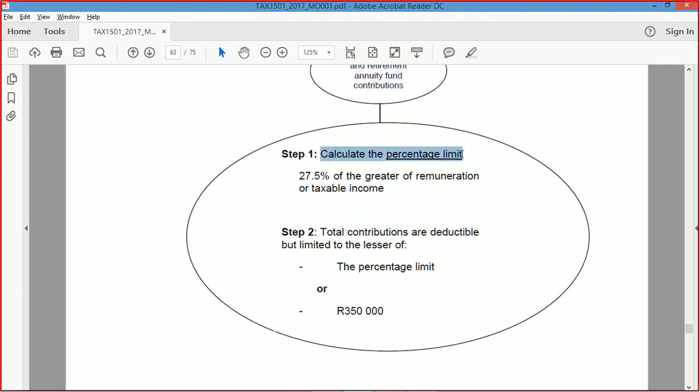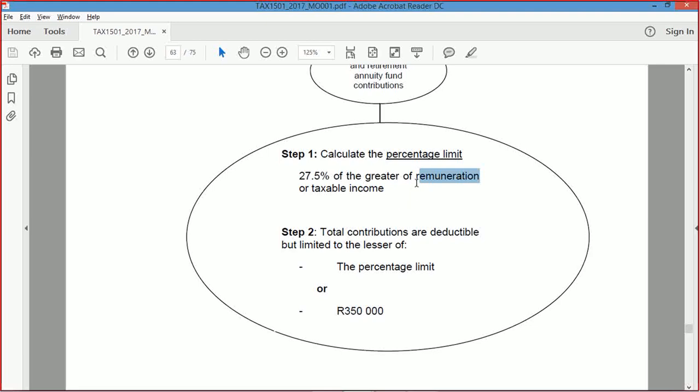So what must we do? We need to calculate the percentage limits. What does that mean? It's 27.5% of the greater of remuneration or taxable income. What is remuneration? It's your total income, what you actually derive from your employer.